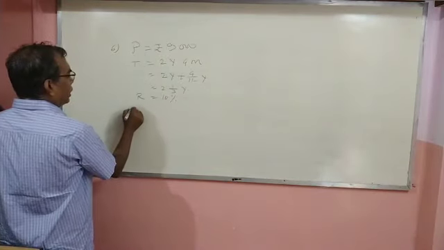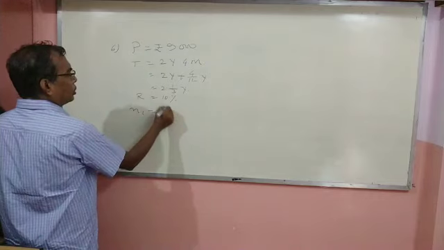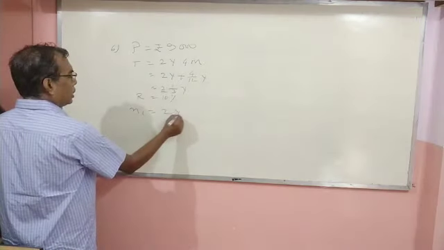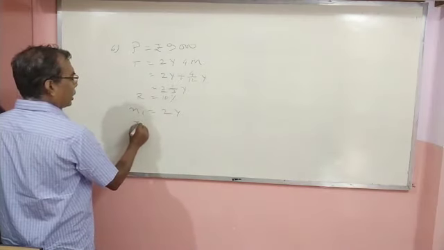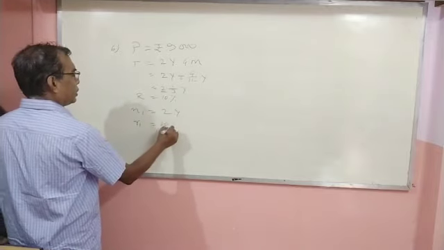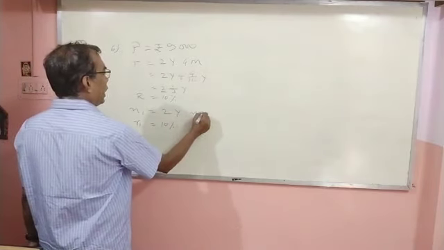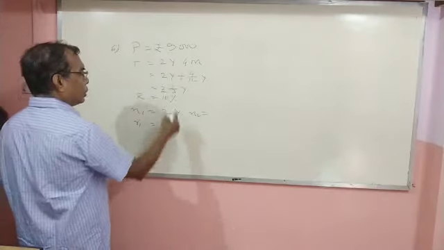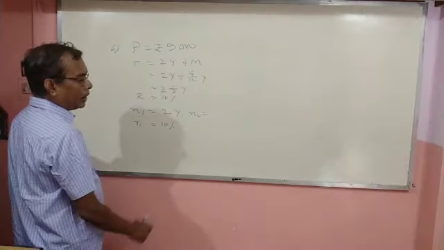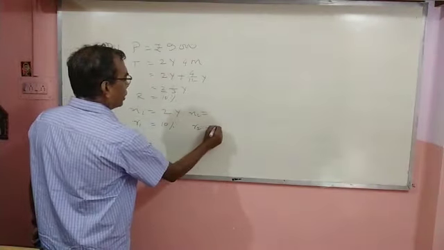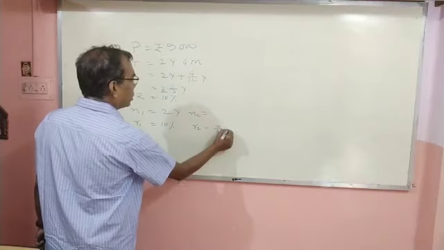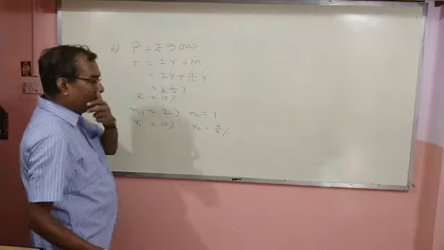So as usual, N1 will be equal to 2 years, this integer part, and small r1 is equal to 10%. And N2 as usual, because 1 by 3 you have to multiply with 10, so R2 will be equal to 10 by 3%, then N2 will be equal to 1.